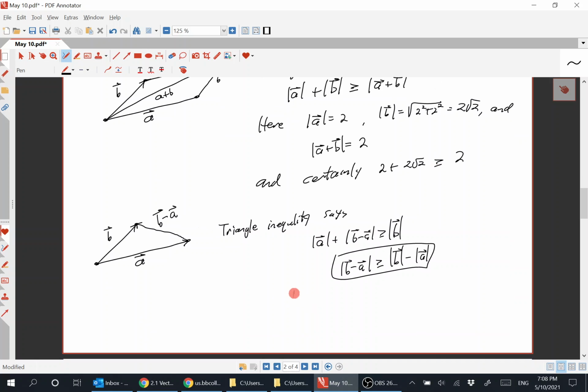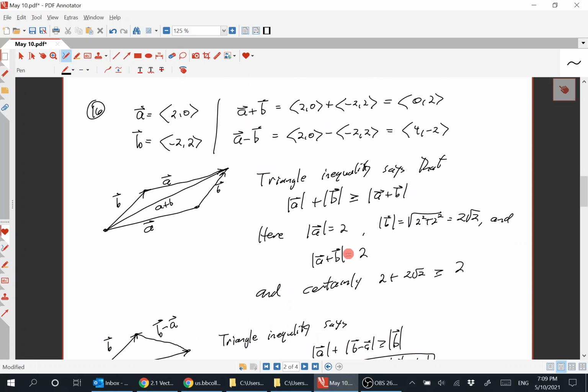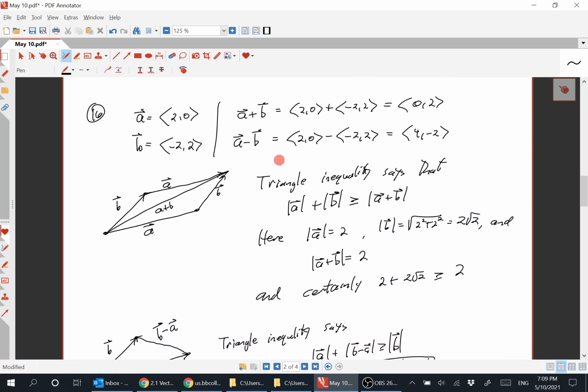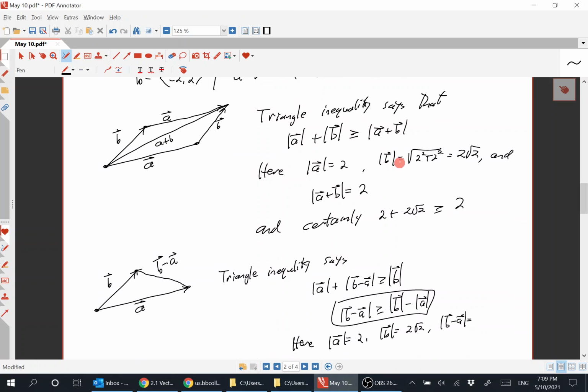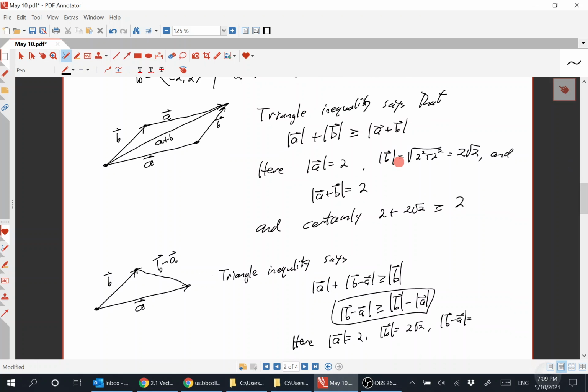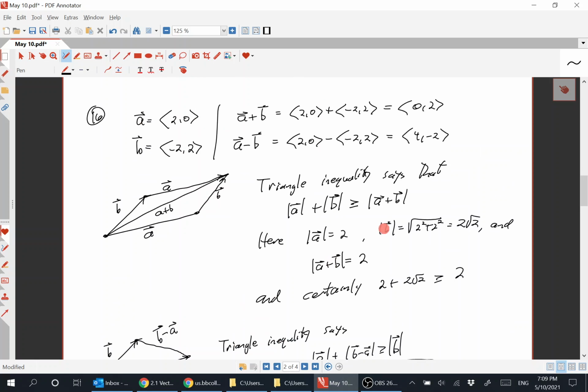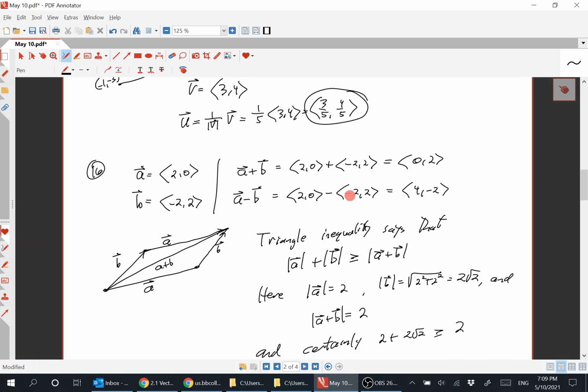So here again, we've got the length of a was 2. The length of b was 2 root 2. And the length of b minus a is equal to what? Where was b minus a? Or this is a minus b, I'm sorry. I did this the wrong way. Oh, that's okay. This is a minus b.